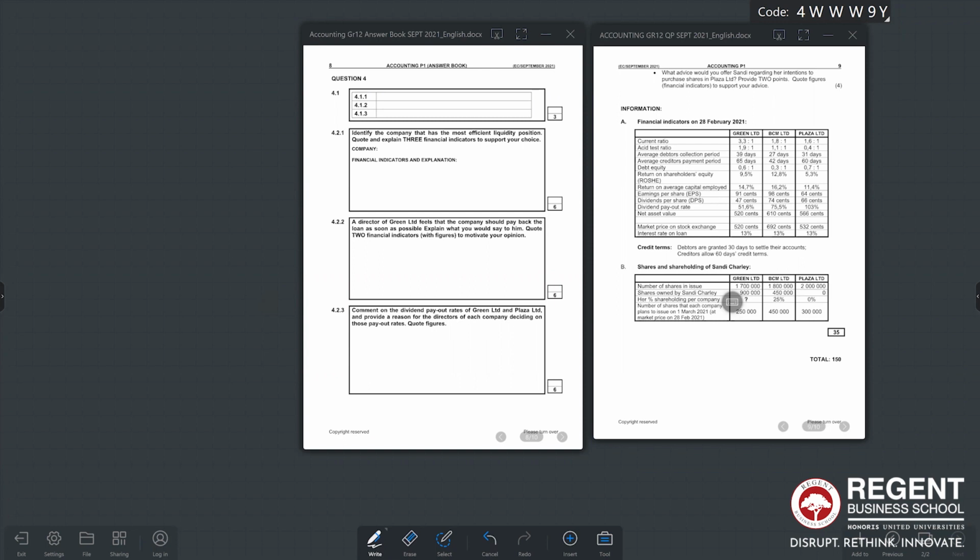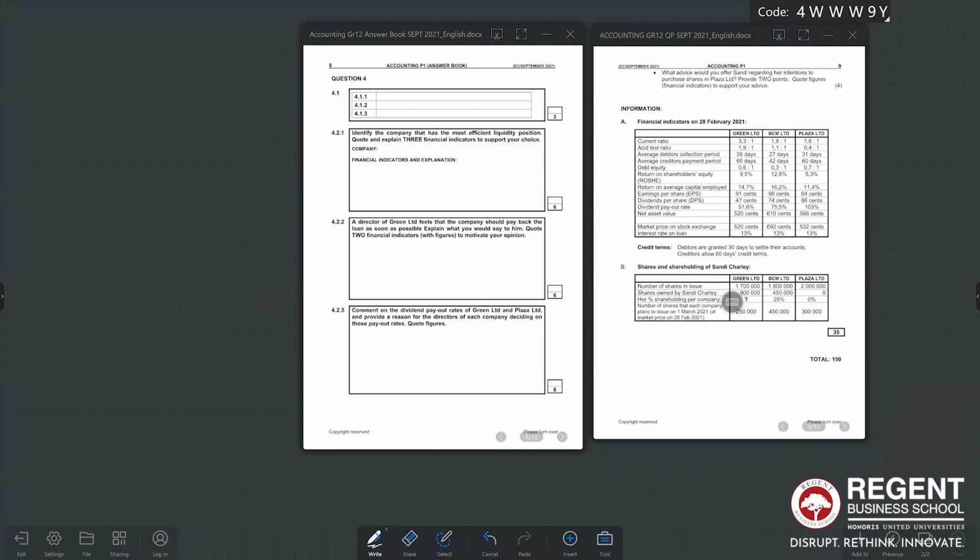They can grow the company. Whilst Plaza is simply, as somebody has put it up here, just making their shareholders happy. They're trying to satisfy shareholders. They are using profits, that is the retained income of past years, to pay out dividends this year.